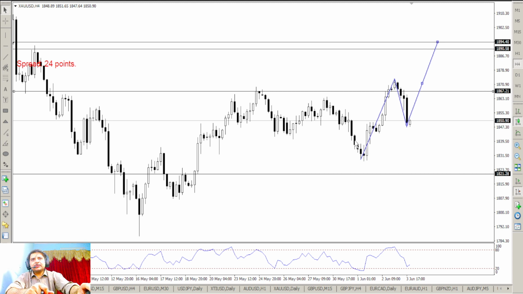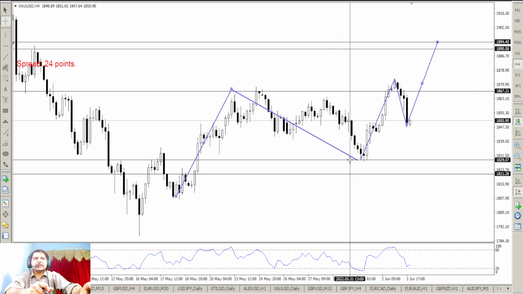So here actually I'm looking for a three drives pattern, and like this is the first drive, this will be the second drive, this is also one drive with us with a pullback, and the pullback is obviously a 61.8% retracement of this impulsive wave. So first drive, second drive, and the third drive.